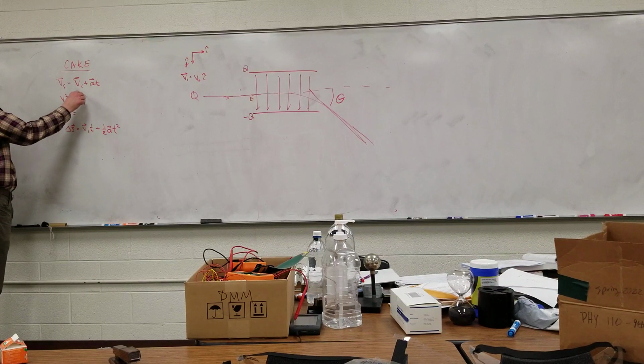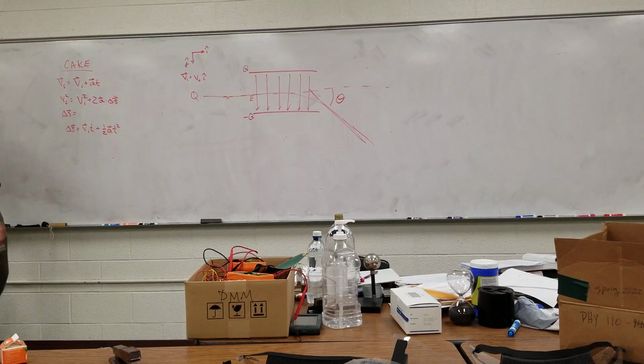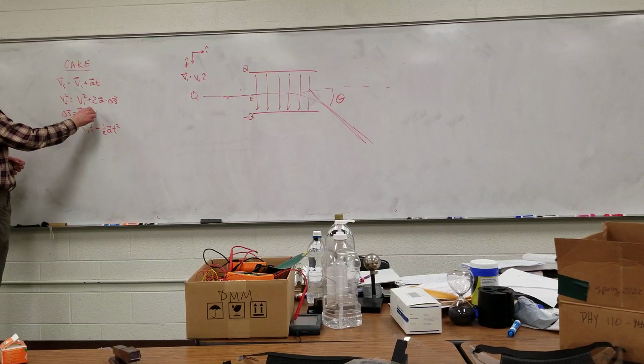VF squared equals VI squared plus 2A dot delta S, which can also be derived from conservation of energy. And the last one is displacement just being average velocity times time. And average velocity if acceleration is constant is VI plus VF over 2 times time.